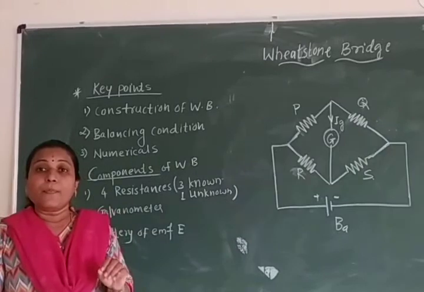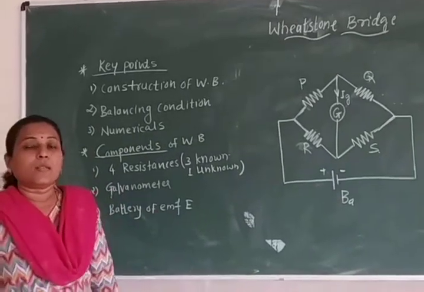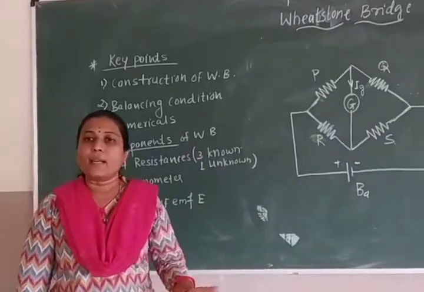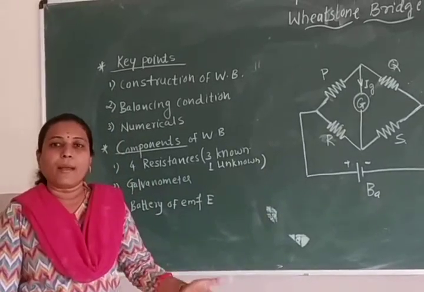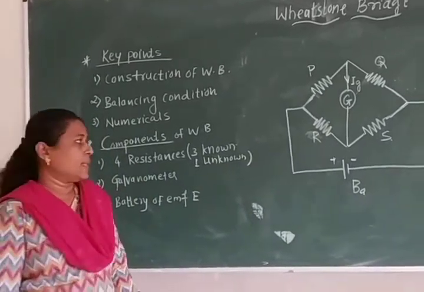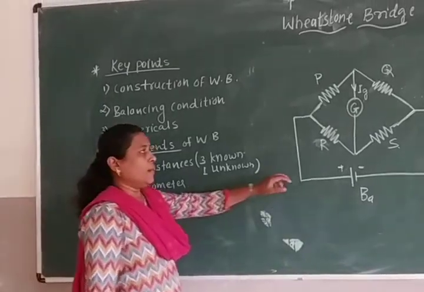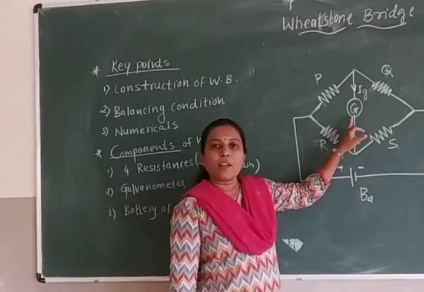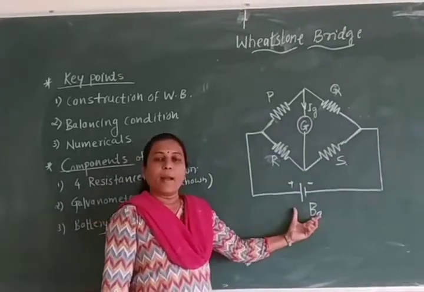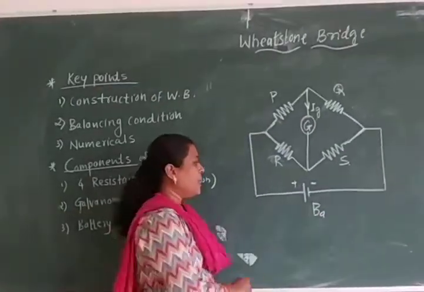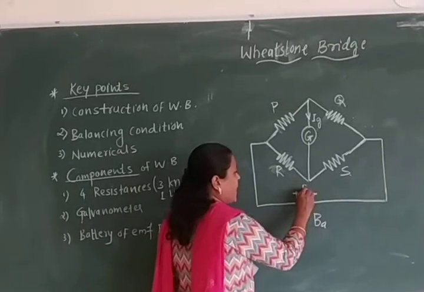What is the physical significance of studying the Wheatstone network? We can determine the value of the unknown resistance. Similarly, we can find the ratio of resistances. Then one more component we need here, which measures current, that is the galvanometer. And one battery having EMF E.